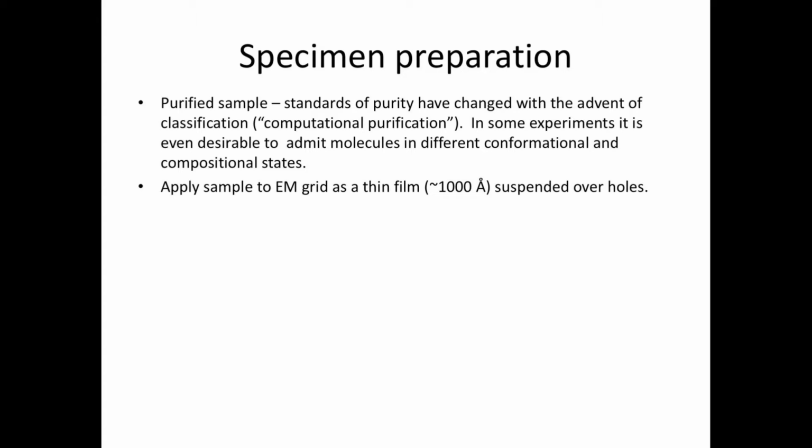Anything above that causes just too much multiple scattering, and the signal gets weaker and weaker. But with the molecules that we want to look at, we can normally live with 1,000 angstroms, and that's pretty much a target value. For size comparison, the ribosome is 250 angstroms.